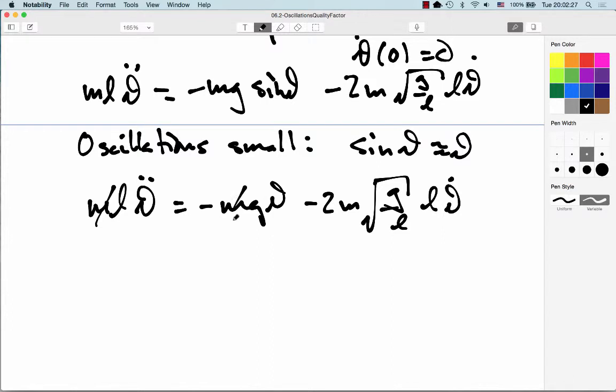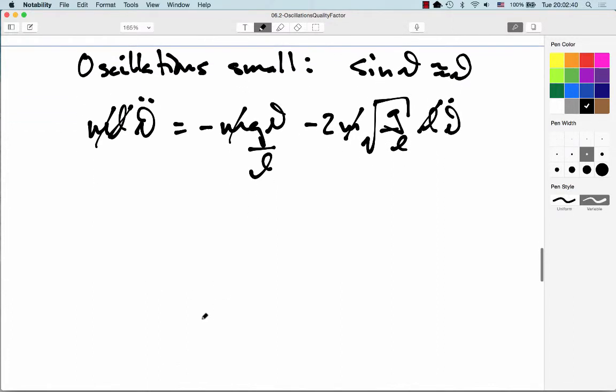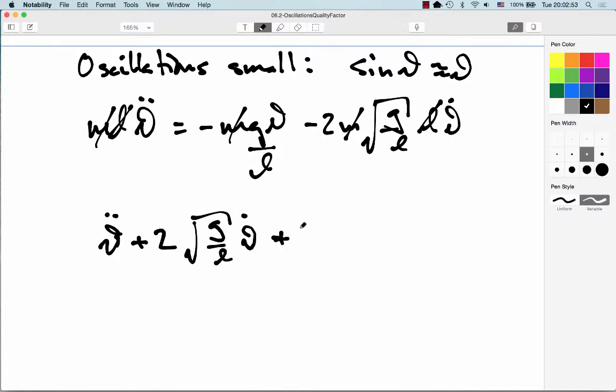We can cancel, cancel, cancel, and we can make that L go away as long as we agree to divide by that L. Okay, so we can go ahead and put this into standard form. We have theta double dot plus 2 root g over L theta dot plus g over L theta equals 0.